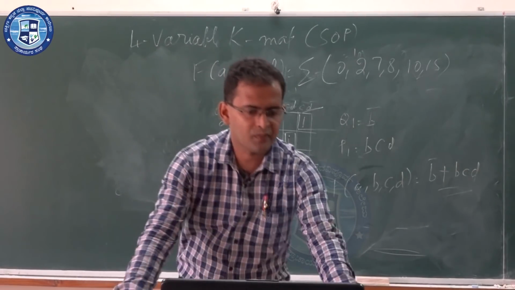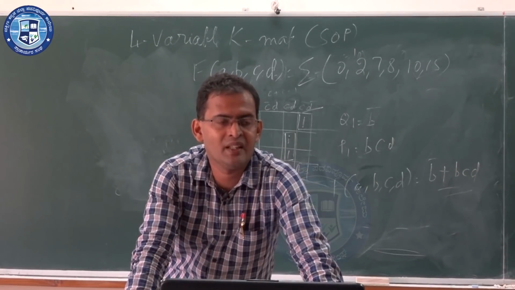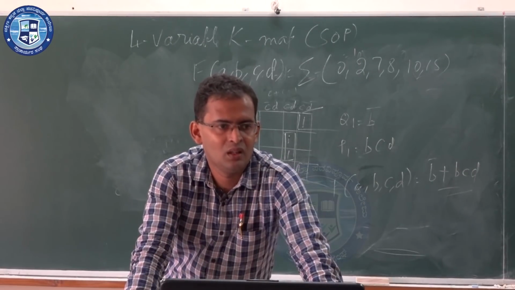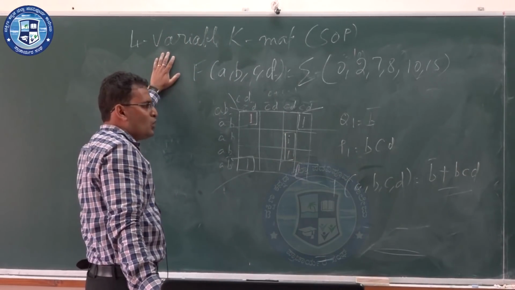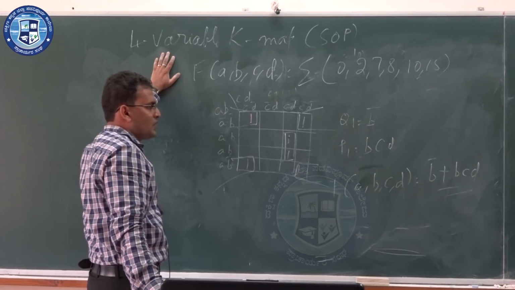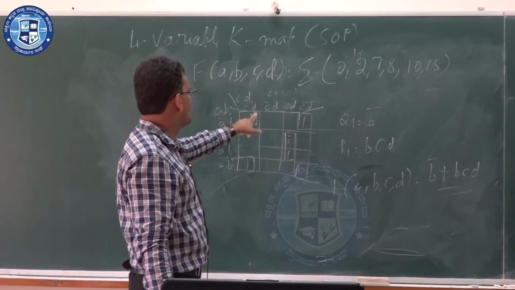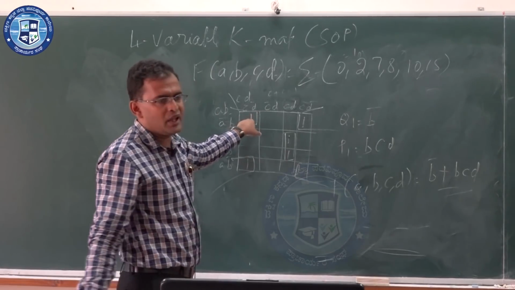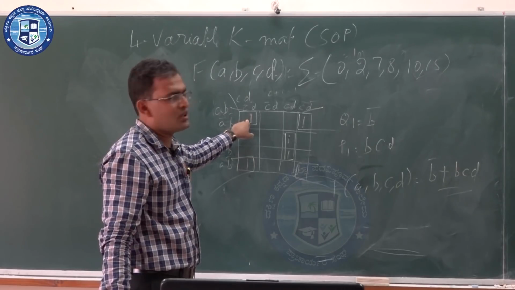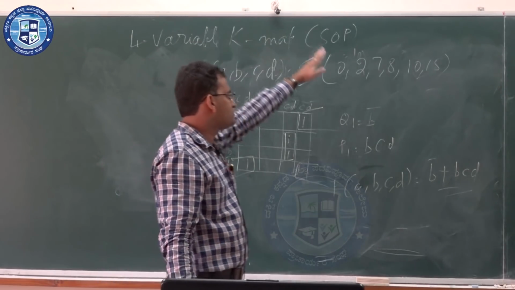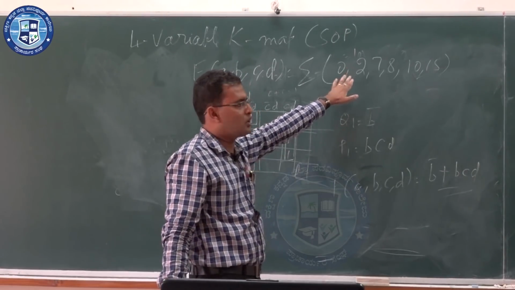So, now let us go for the product of sum, the final topic. Please understand, till now I was talking about SOP, and there I highlighted that I should be writing 1 in the squares I need to input.